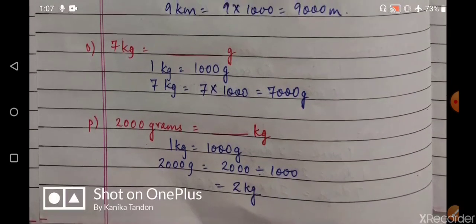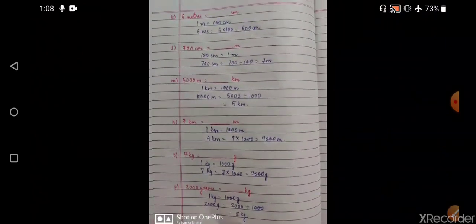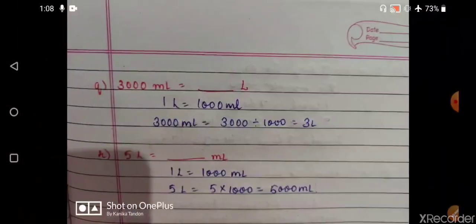2000 gram is equals to how many kilogram? So 1 kilogram is equals to 1000 gram. 2000 gram is equals to 2000 divided by 1000, which is 2 kilogram. Second last question is 3000 milliliter is equals to how many liters?